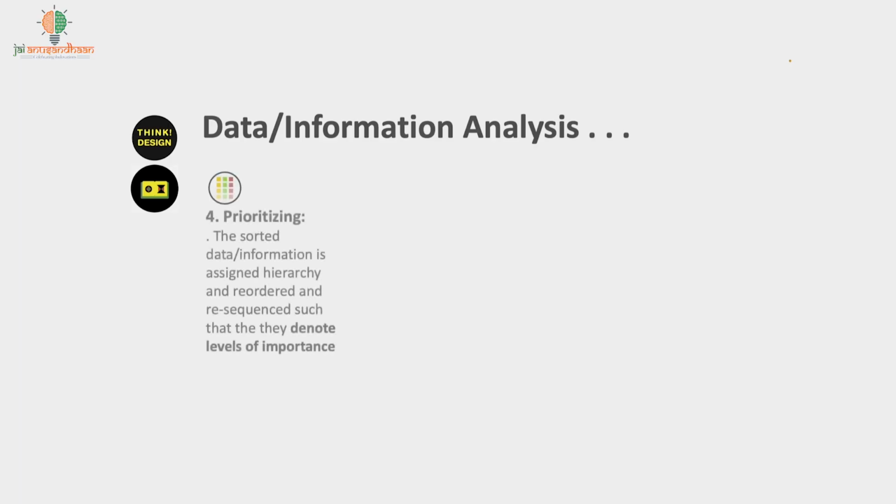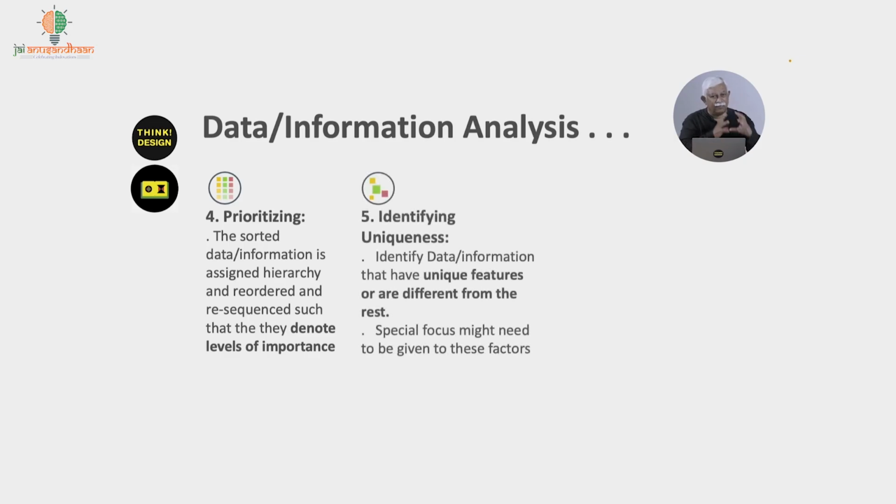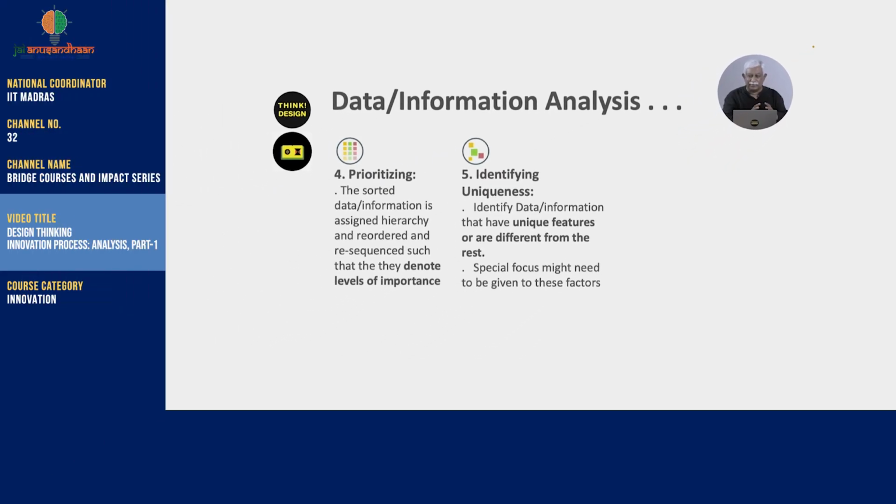Fourth is, if you have all the data that you sorted, can you actually prioritize it? Means that something which is more important versus something that is not so important. And then find out if some of the information is unique, or different. They have special focus and are more relevant to your subject.